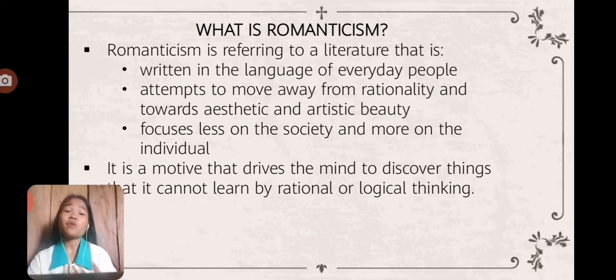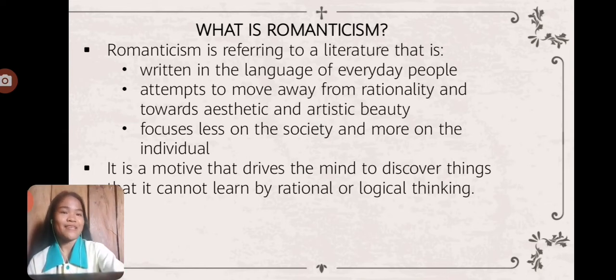And it focuses less on society and more on the individual. Another thing is that Romanticism is a motive that drives the mind to discover things that it cannot learn by rational or logical thinking. So it is a deeper look into our surroundings, into the natural world.